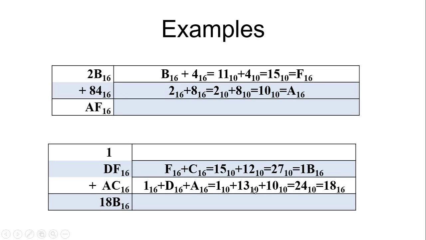So we add their decimal equivalents and we get 24. We have to convert this 24 from decimal to hexadecimal again. So 1 plus d plus a equals 18 in hexadecimal. So the result of this addition is 18b.